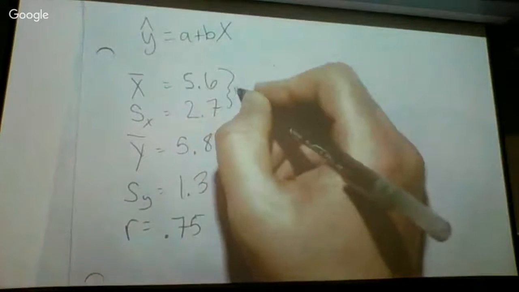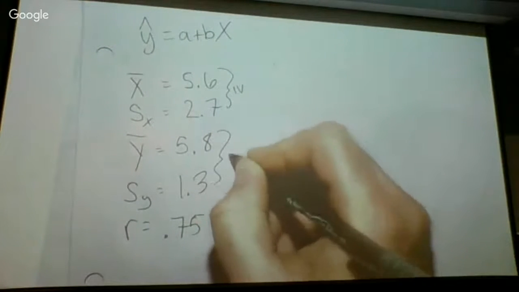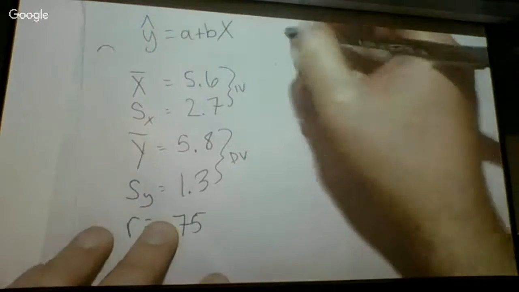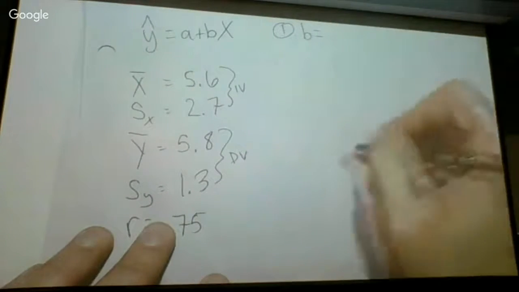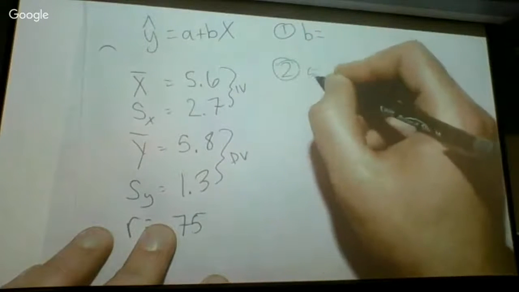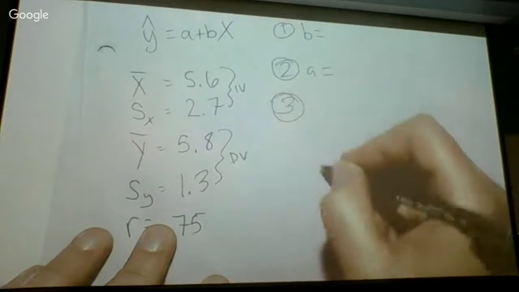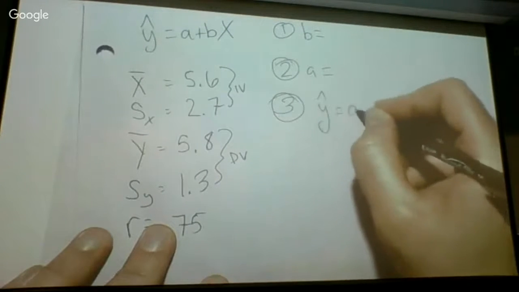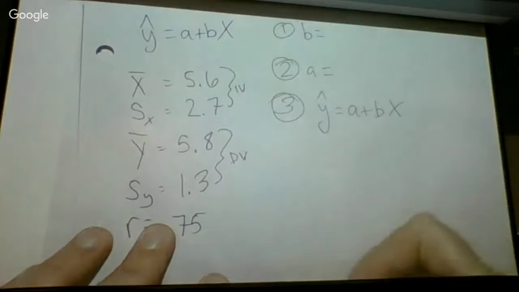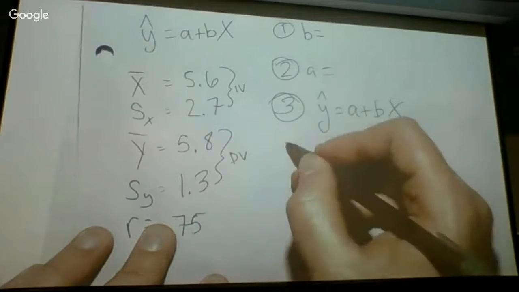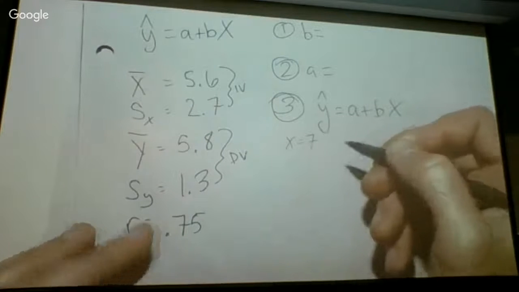This is our independent variable, our dependent variable. 1, solve for b. 2, solve for a. 3, y hat equals a plus bx, and I believe we're saying x equals 7.